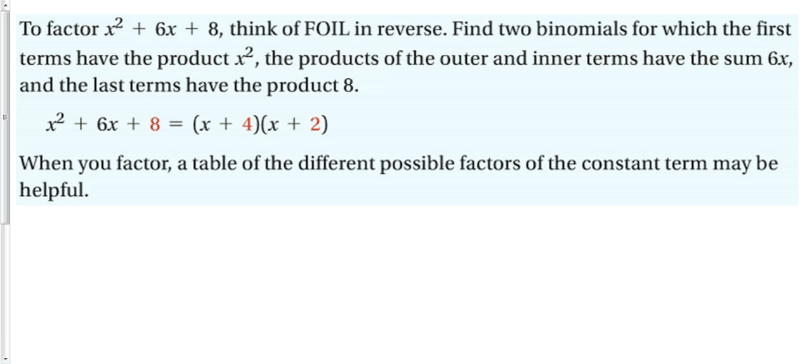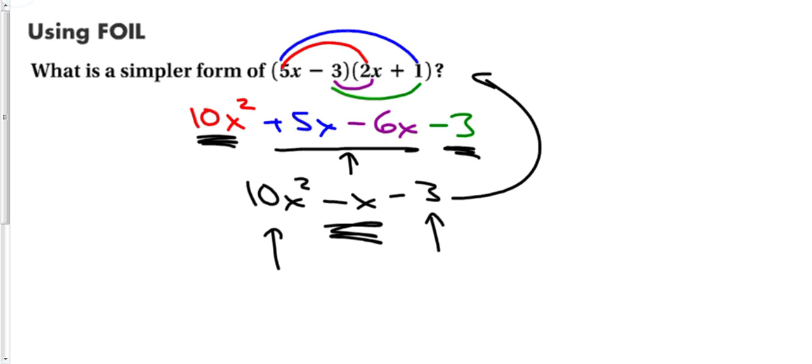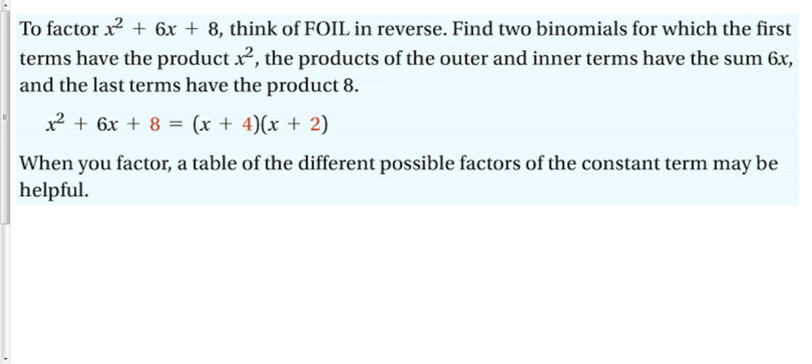Okay? So, going back to this example right here, okay, when we look at x squared plus 6x plus 8, think of FOIL in reverse when we want to factor it. Okay, so find two binomials for which the first terms have the product of x squared, which can only be x and x. Okay, the products of the outer and inner terms have a sum of 6, and the last terms have the product of 8.